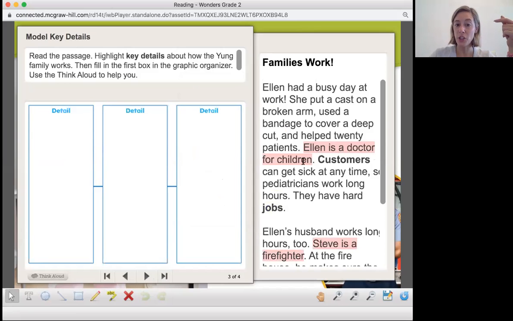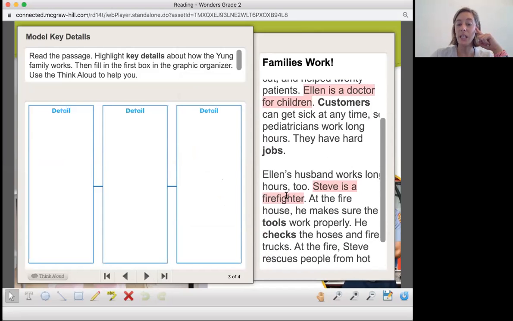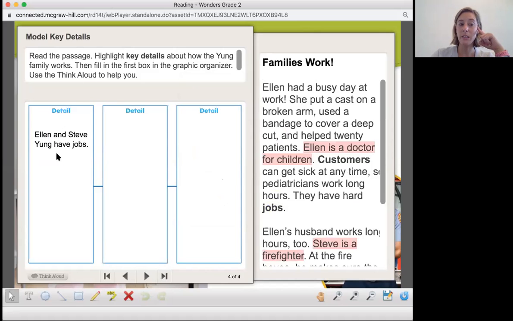Ellen is a doctor for children, which we know means a pediatrician, and Steve is a firefighter. So one key detail of how they work together to help meet the needs of their family is Ellen and Steve have jobs. We could have written down Ellen is a doctor and Steve is a firefighter, but we're just combining it into one sentence and using our own words for it.